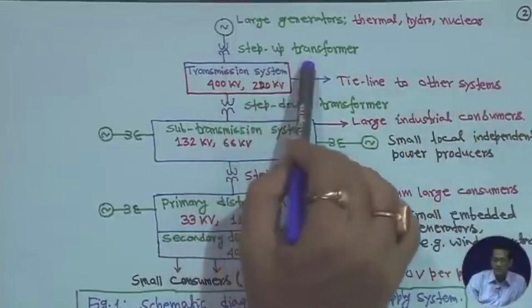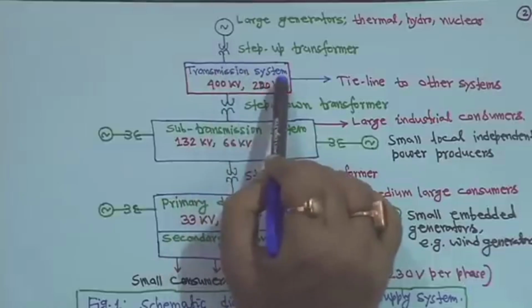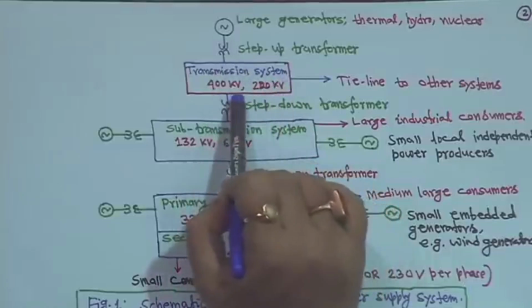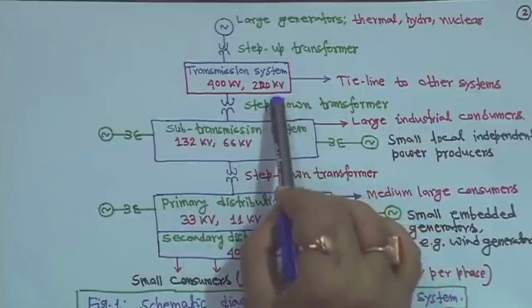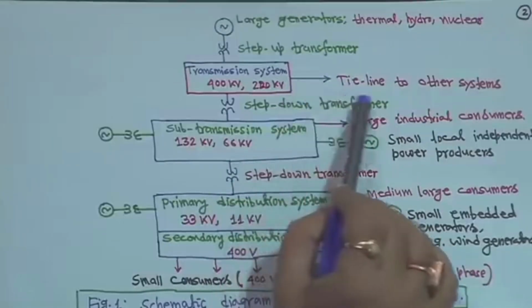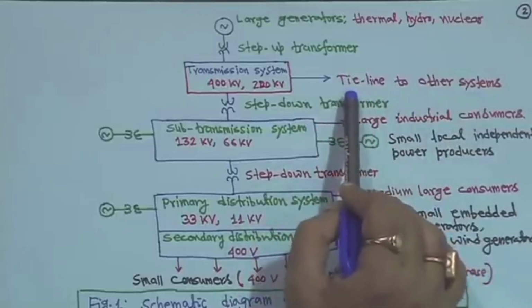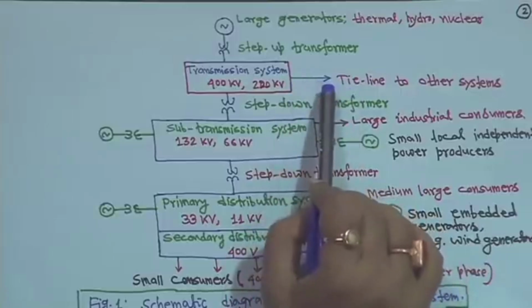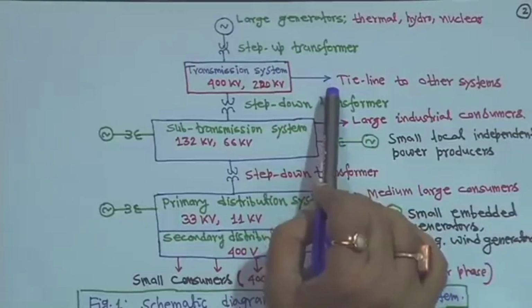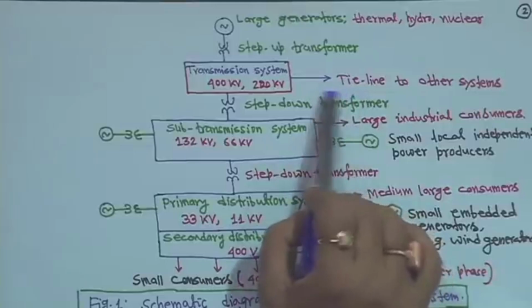After the step up transformer, the voltage will be stepped up. So the transmission system comes, at 400 kV or 220 kV, right? When it is stepped up, there is a tie line to other systems. A tie line is basically a three-phase transmission line, shown just by a single line arrow, because the transmission system is a balanced power system, a three-phase system with all three phases carrying balanced power.